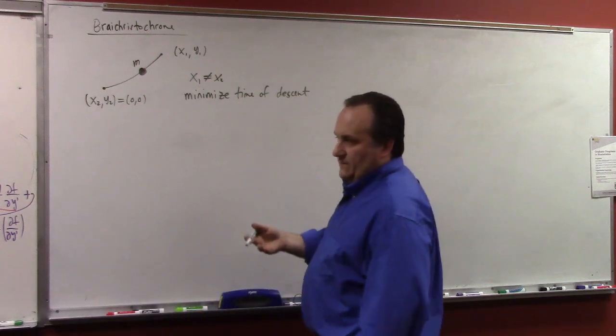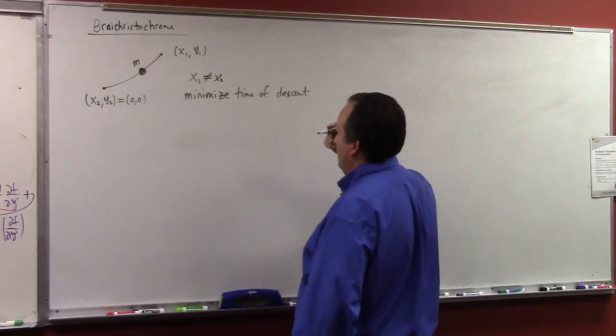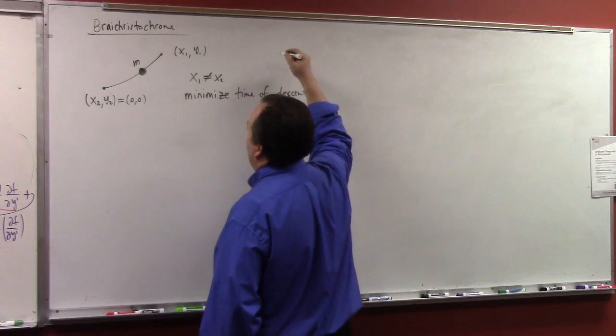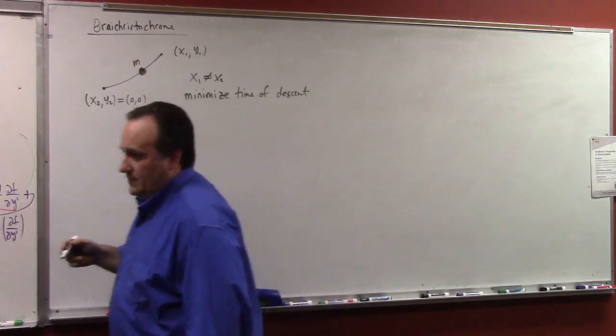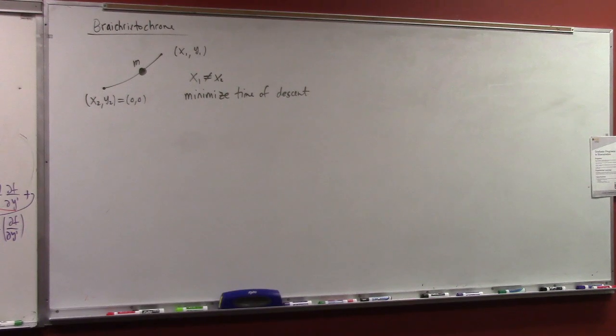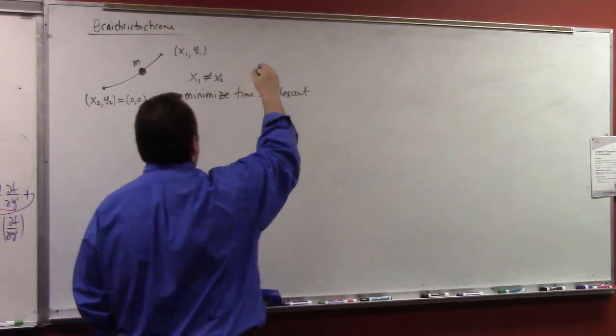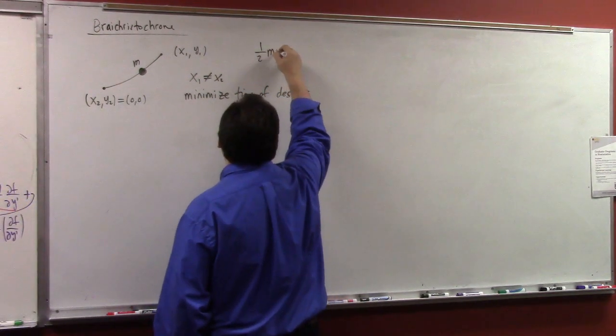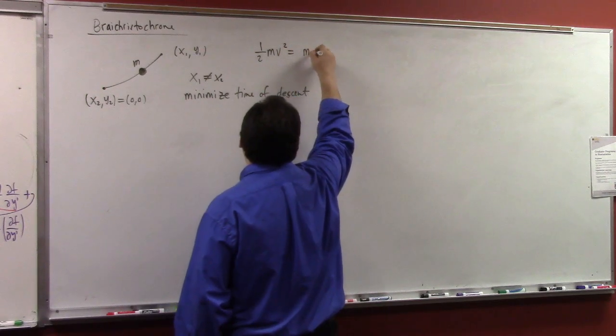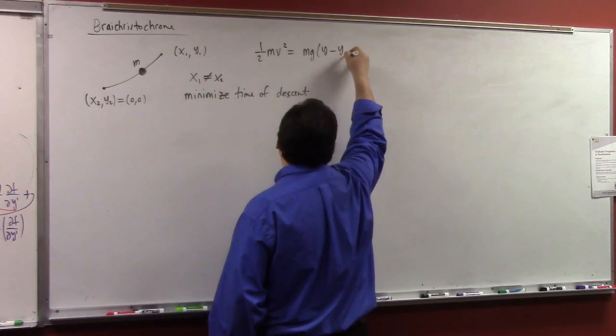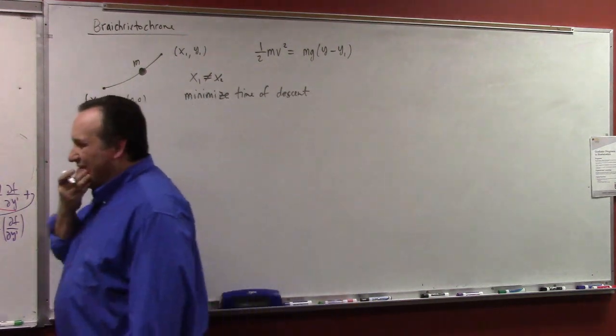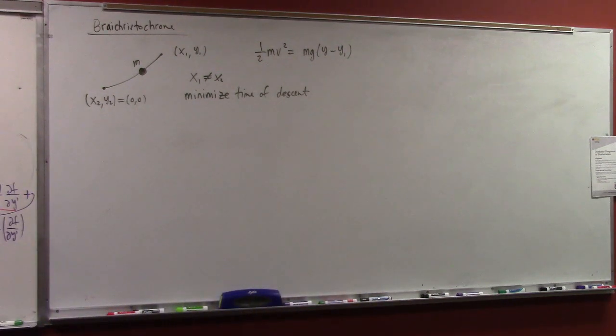And it's falling freely under the influence of gravity, which means that we have conservation of energy. How does it go? 1/2 mv squared is equal to mg(y minus y1). So, for example, when y is equal to y1, we're starting from rest, okay?